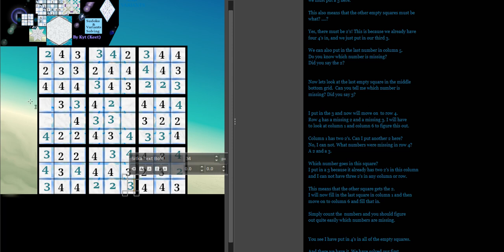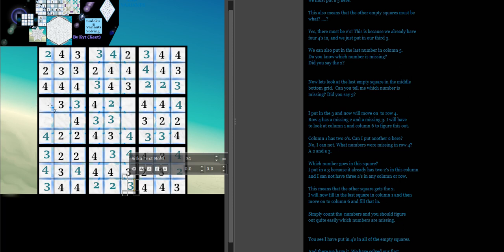Row 4 has a missing 2 and a missing 3. I will have to look at column 1 and column 6 to figure this out. Column 1 has 2 2's. Can I put another 2 here? No, I cannot. What numbers were missing in row 4?